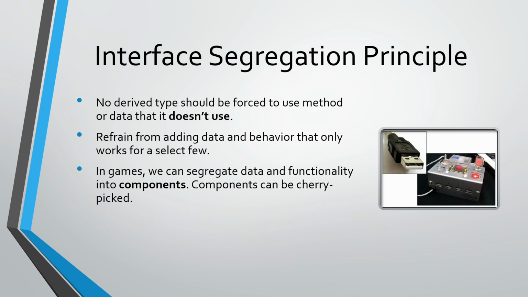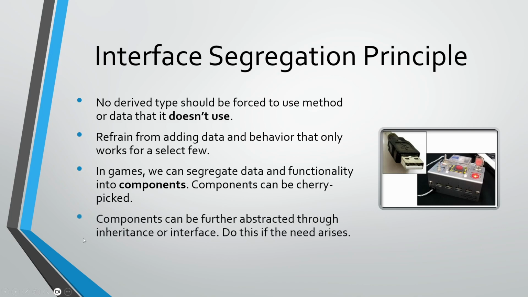You can choose to have a component-based system where you can just choose kung ano yung kailangan ng tower, such as should the tower be able to aim, should the tower deal AoE, should the tower just instead of shoot get na lang lahat ng mga actors around it. So mga ganun. So components can be further abstracted through inheritance or interface. Do this if the need arises.